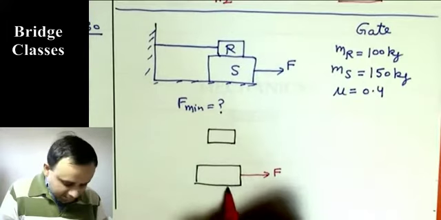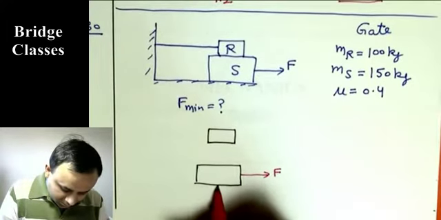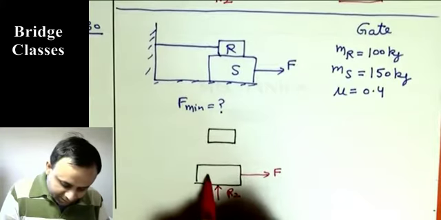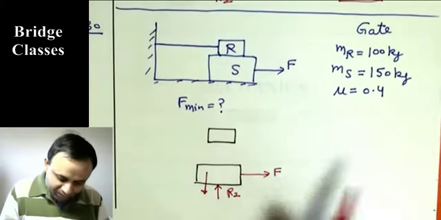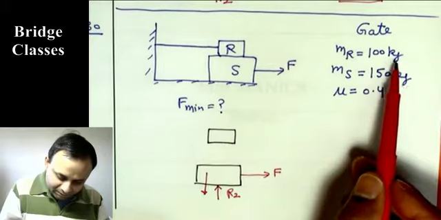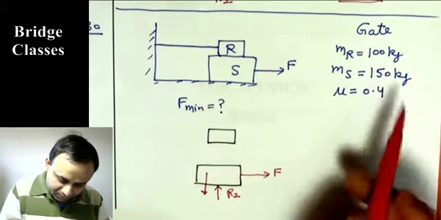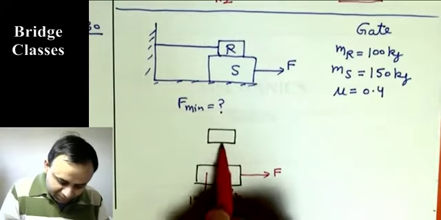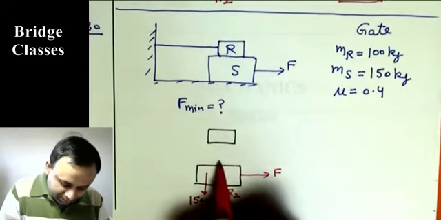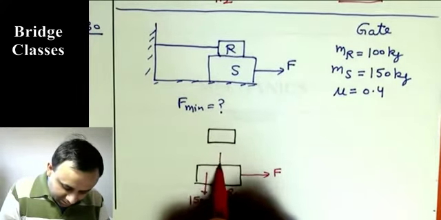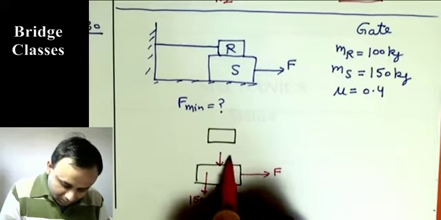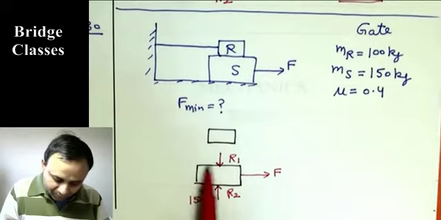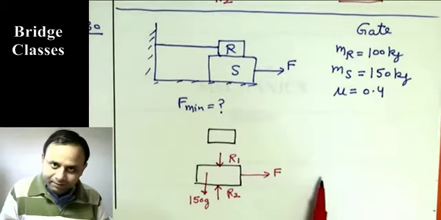There will be normal reaction. Let us say this reaction here is R2. Its weight is acting downwards. That will be the mass of S, 150 G. Between these two surfaces there is contact reaction. Let us say that is acting on this, call this R1, and without friction it is going to move to the right.